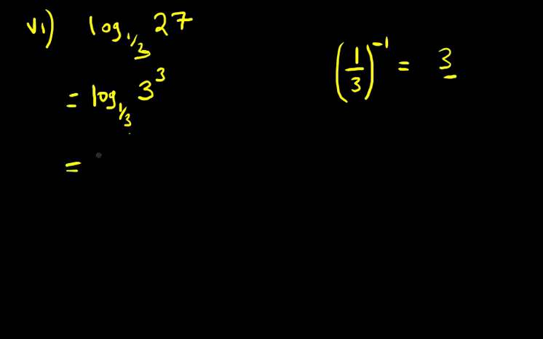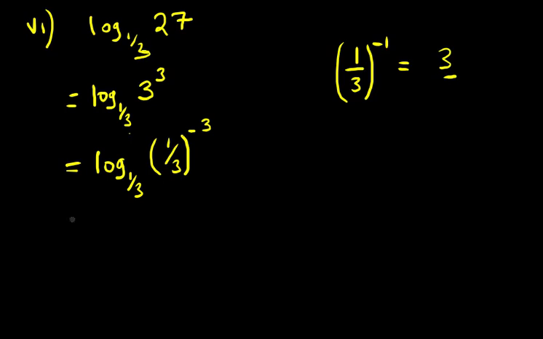So this is log 1 over 3, then we have 1 over 3 raised to the power negative 3. Since there's a negative there and we have a 3 there, the two can multiply, so we can have negative 3.